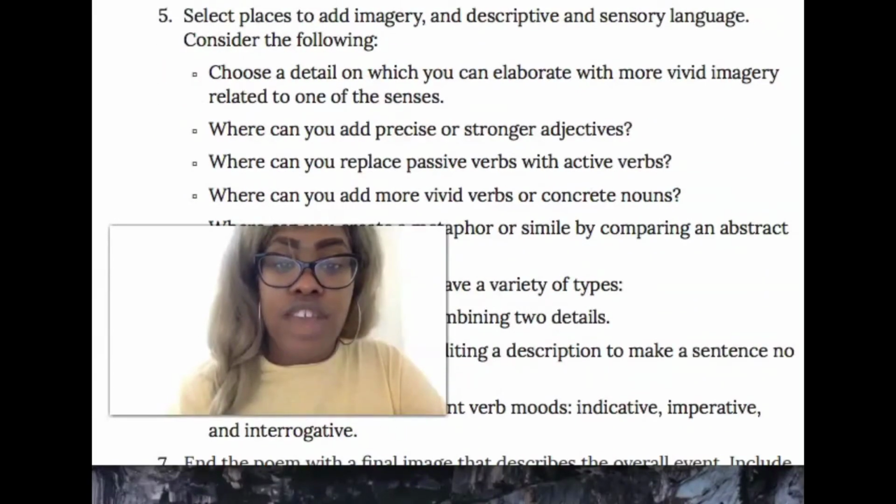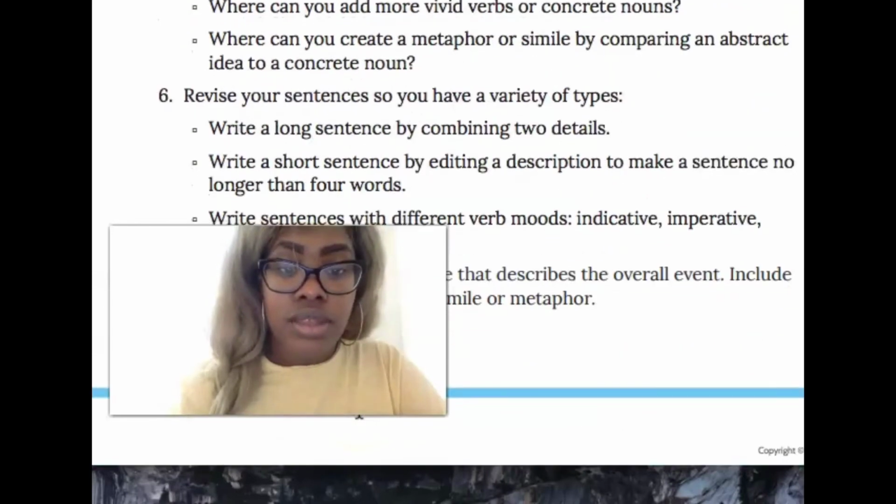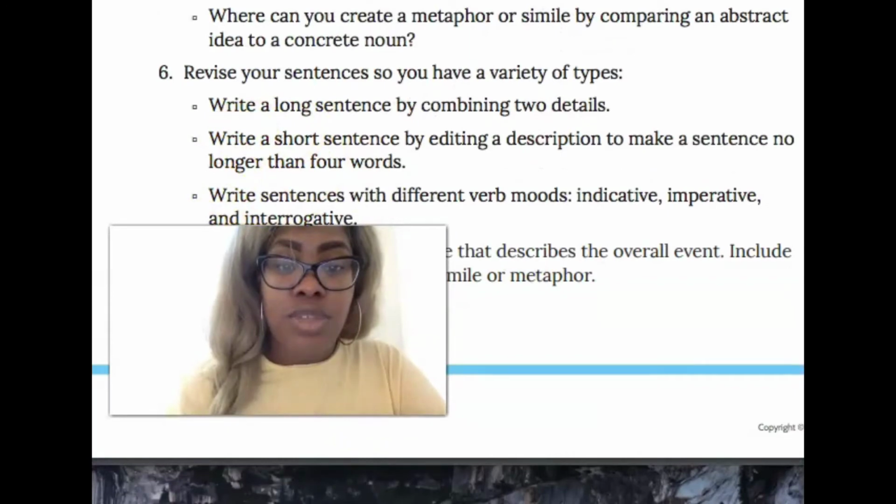Then you're going to revise your sentences so you have a variety of types: long sentences and short sentences, different types of verb mood sentences like indicative, imperative, and interrogative. And then you're going to end with the poem at the final stage that describes the overall event, including figurative language such as a simile or a metaphor.